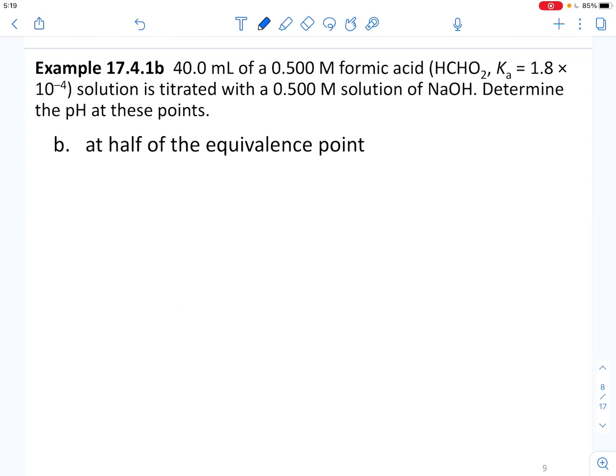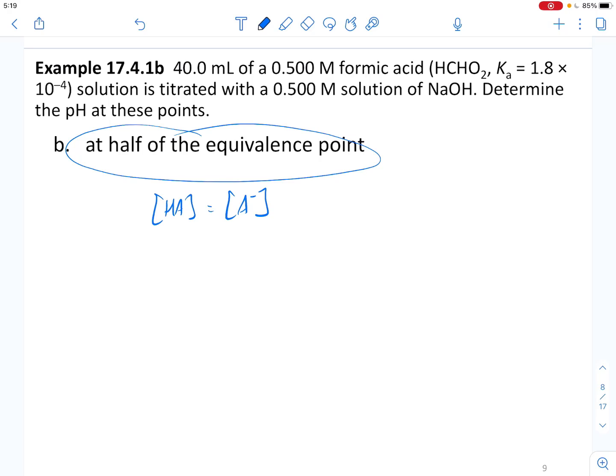Halfway to the equivalence point, the concentration of your acid is equal to the concentration of A minus. If you are halfway, you have added half of what's required to react with the acid. Therefore, you have consumed half of your acid, and the other half is present as the salt.